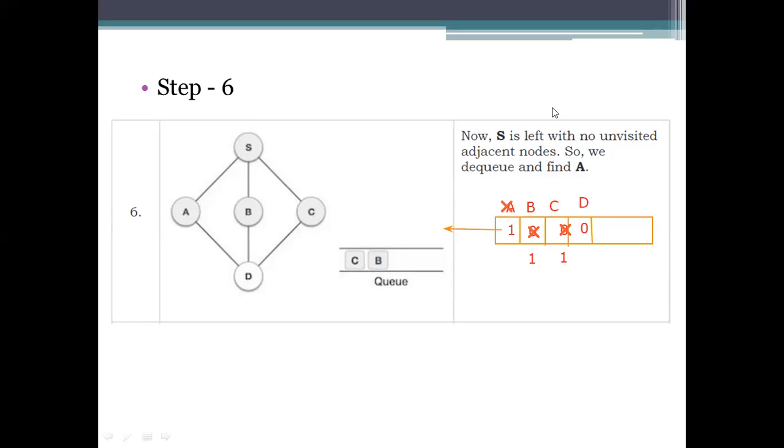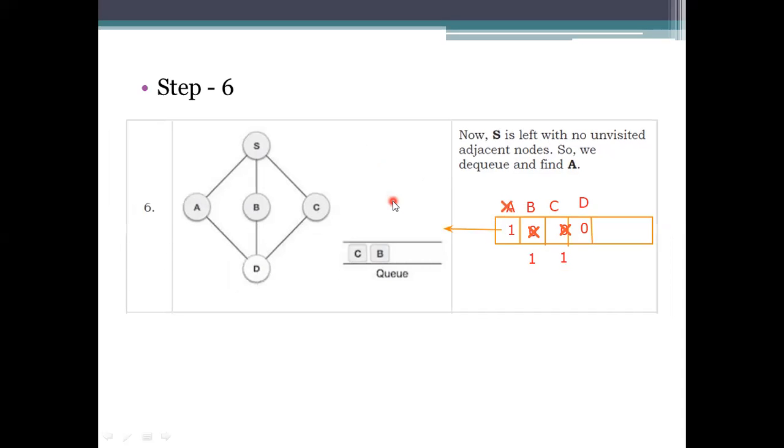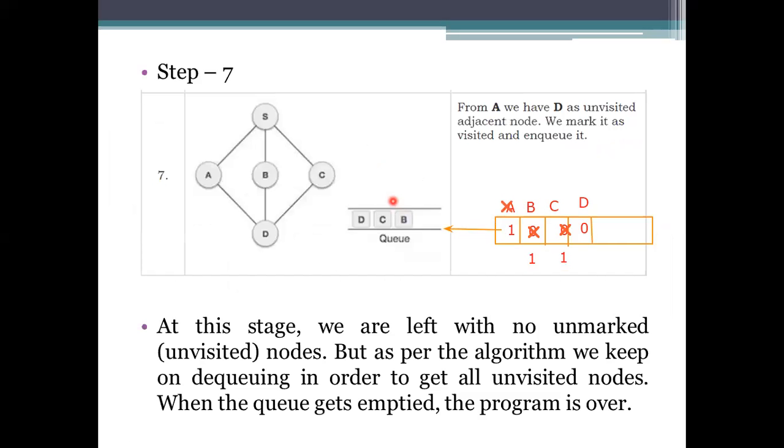And coming to the next one, read the adjacent nodes of that processing. So here we are having the element D. Is it a visited one or not?